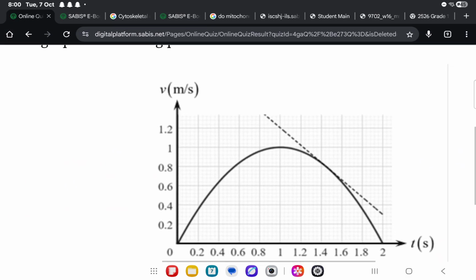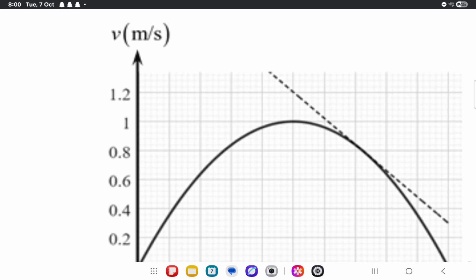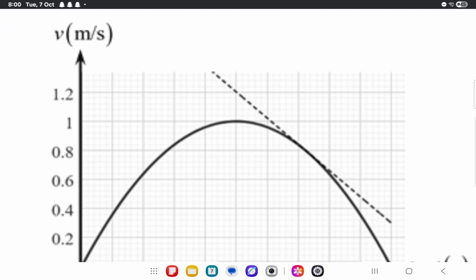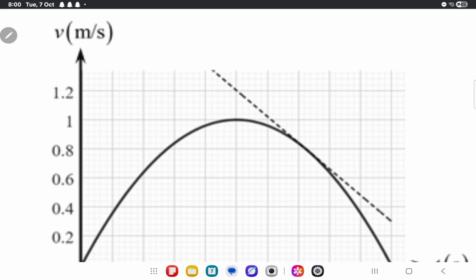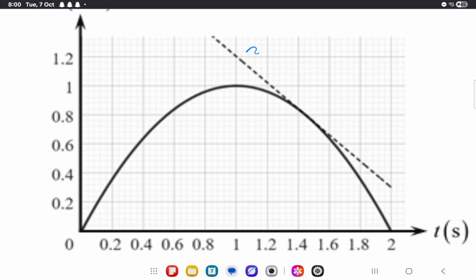So it's tangent to a very, very small point. Wait, I think I can make out something. Okay, I think this point belongs. So, what are these 2 points? Let me go down here. Okay, so this point here and this point here.